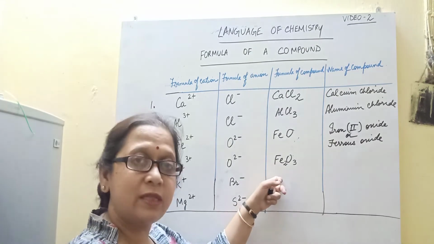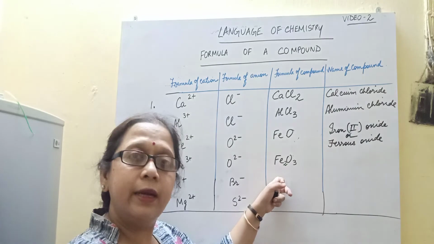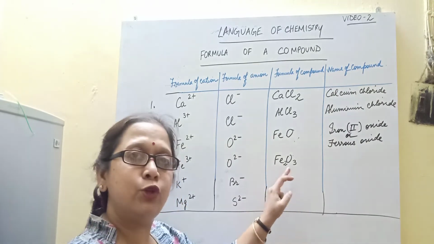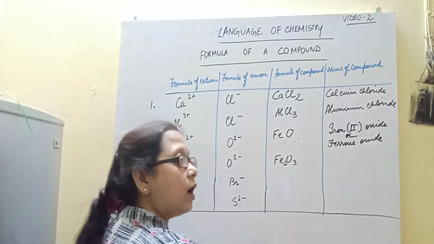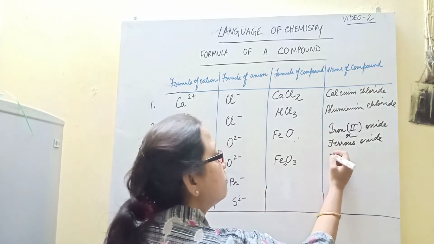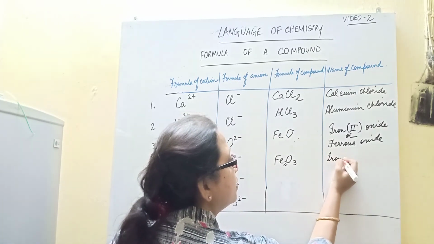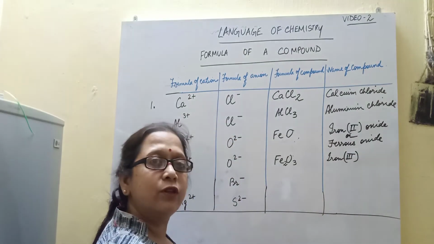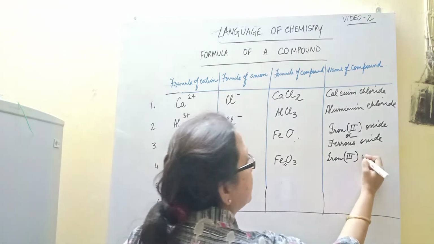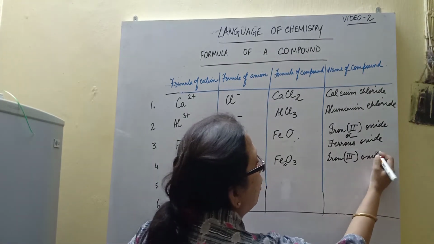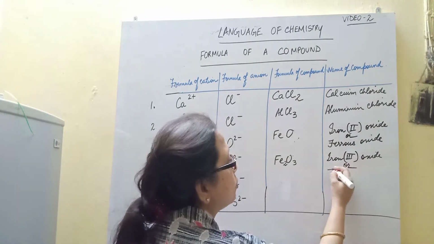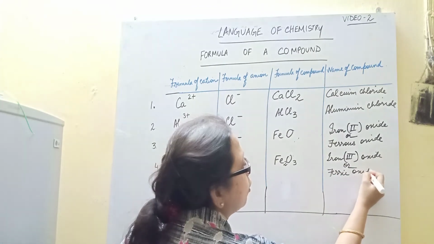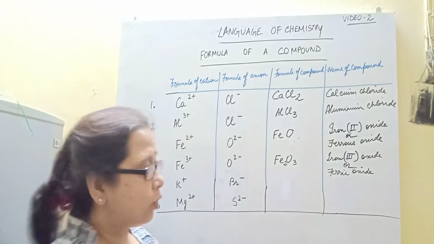This cannot be simplified by any common factor, so the formula remains Fe2O3. What are we going to write as the name of the compound? We are going to write iron in brackets 3, where 3 stands for the valency of iron, oxide, or the other name of it is ferric oxide. It is also called ferric oxide.